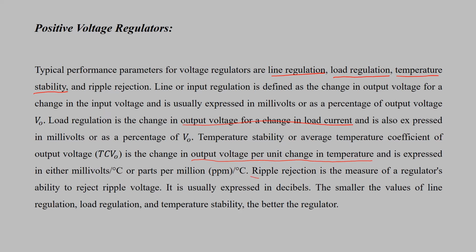Ripple rejection is the measure of the regulator's ability to reject ripple voltage and it is usually expressed in decibel. The smaller the value of line regulation, load regulation and temperature stability, the better the regulator is.